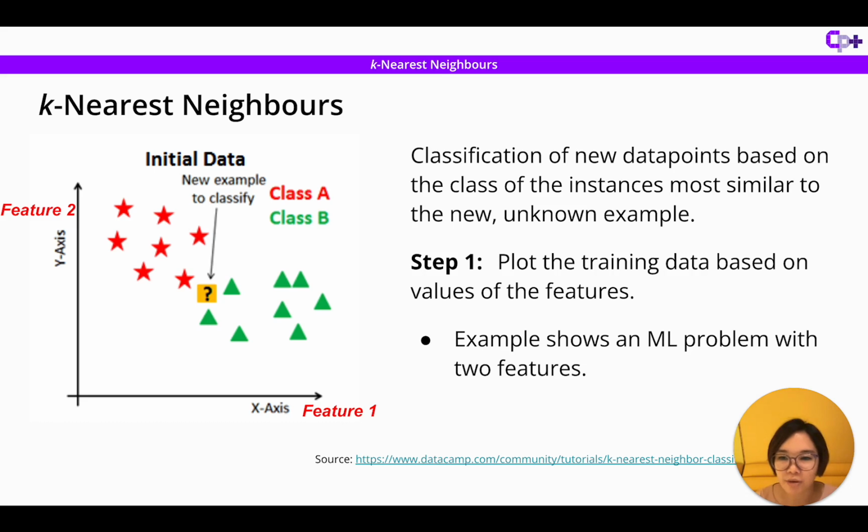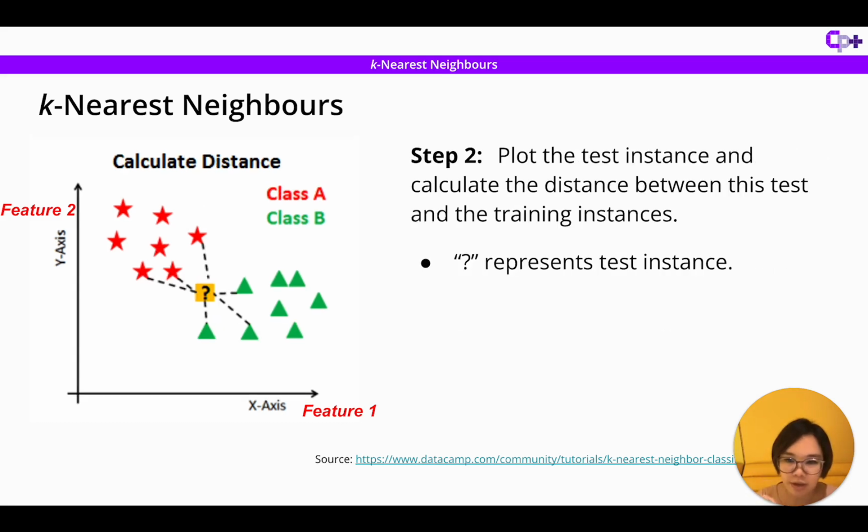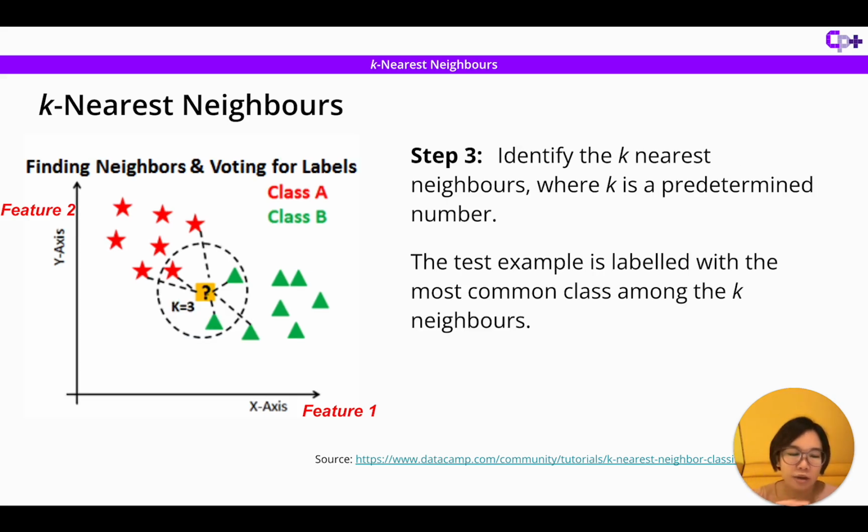Then I plot that new unseen data, the question mark, and then I calculate the distance between the known points and the unknown point, and then I pick the k number of points that are closest to the unknown, and then I label it with the majority among those k. So how do I calculate the distance between 2 points? If you have forgotten, please go back and revise your coordinate geometry.